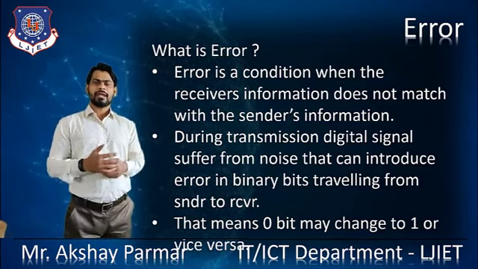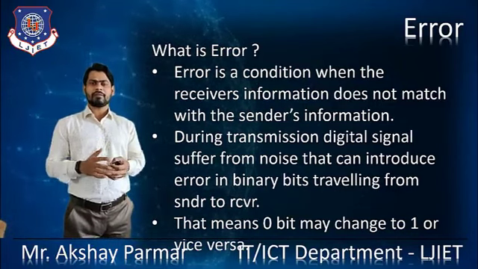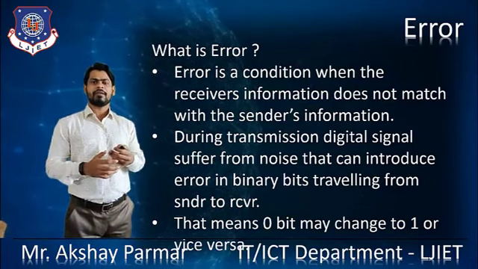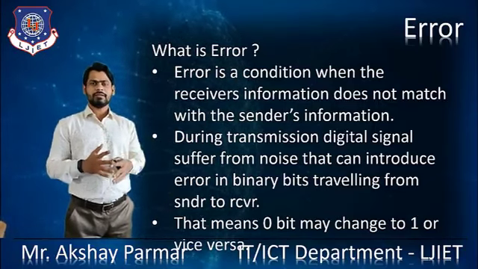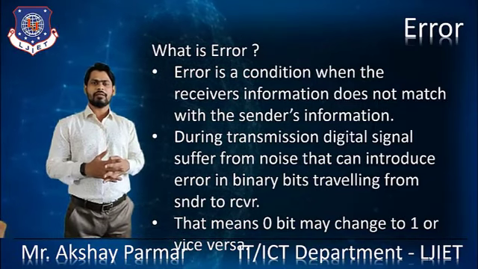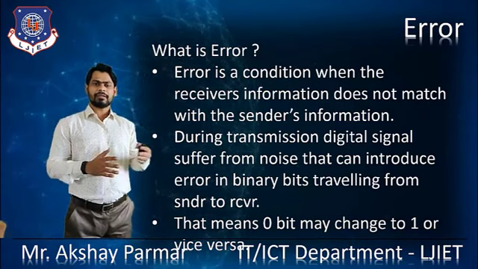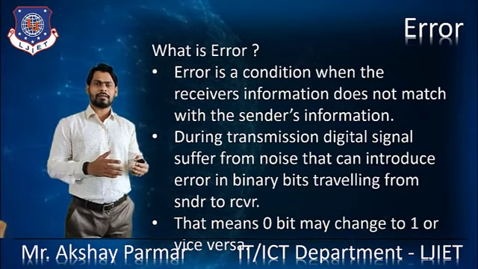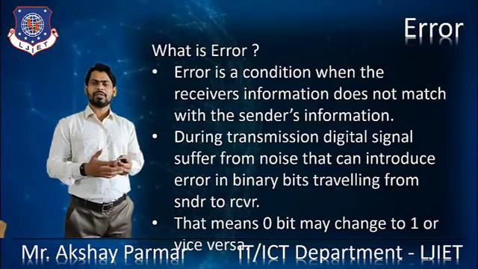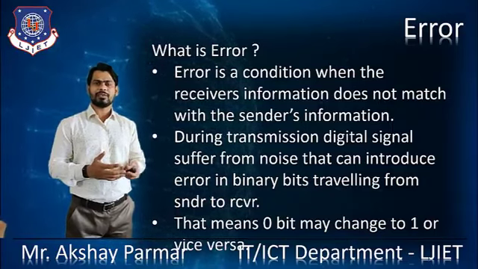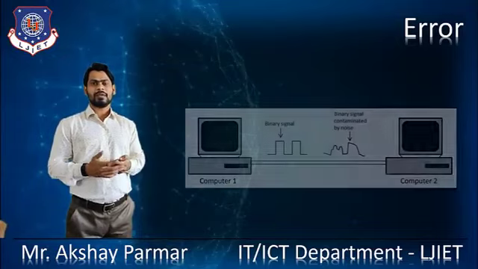Whenever you transfer bits or data from the sender side to the receiver side, noise is encountered and introduced into it. So it modifies the signals and the bits are changed. That means a 0 bit may change to 1, or a 1 bit may change to 0. That's about the error.